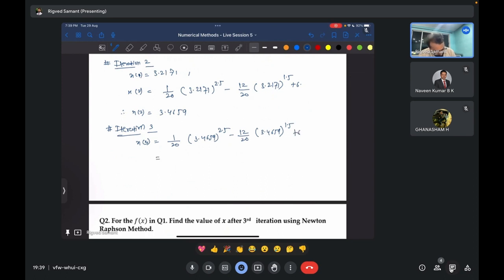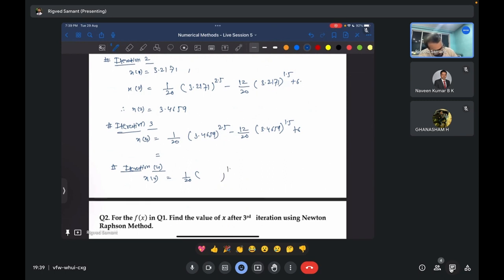You will get the answer. Then iteration 4, x of 4 would be 1 divided by 20, whatever answer you get, raised to 2.5 minus 12 divided by 20, that raised to 1.5 plus 6.